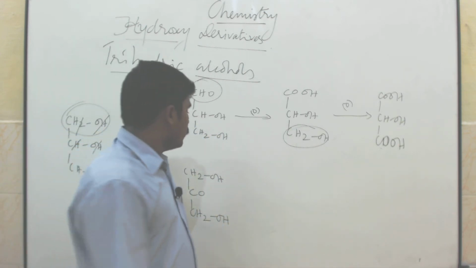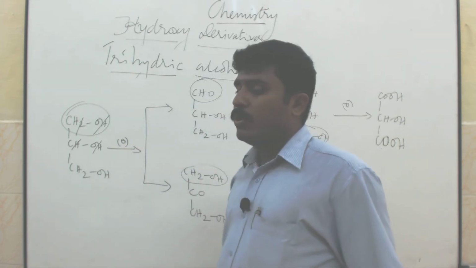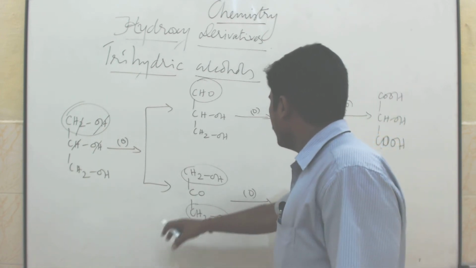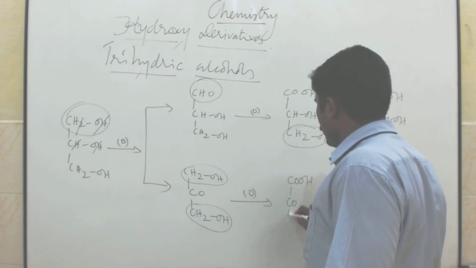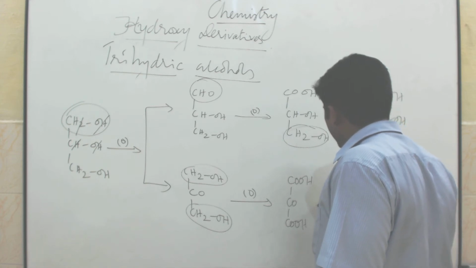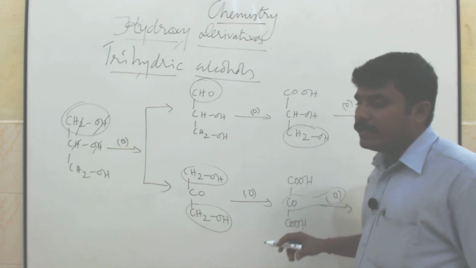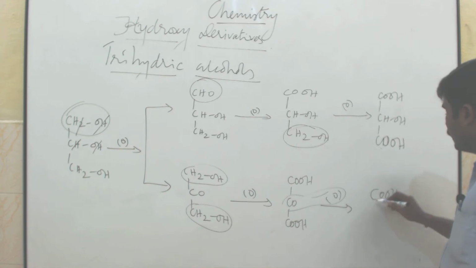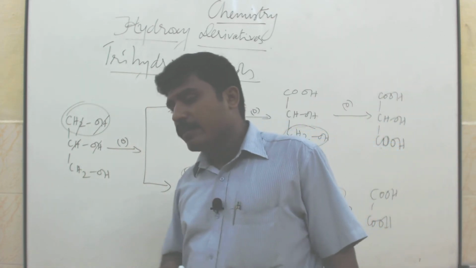Okay, now this one undergoes oxidation reaction. Primary alcohol to carboxylic acid. So that COOH, COOH. Okay, followed by oxidation reaction. Oxidation reaction means what? Removal of CO2, remaining COOH. COOH and COOH is the product. That means oxalic acid.